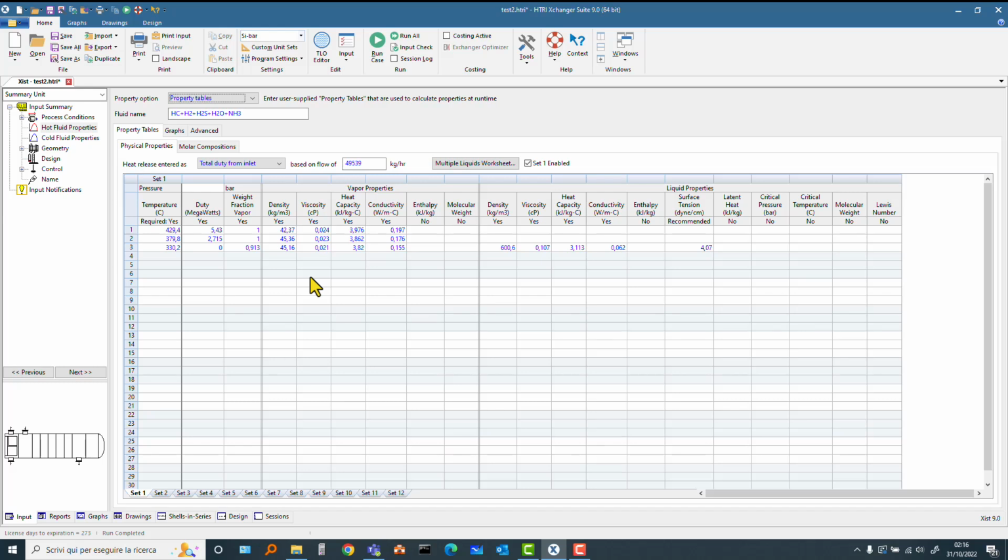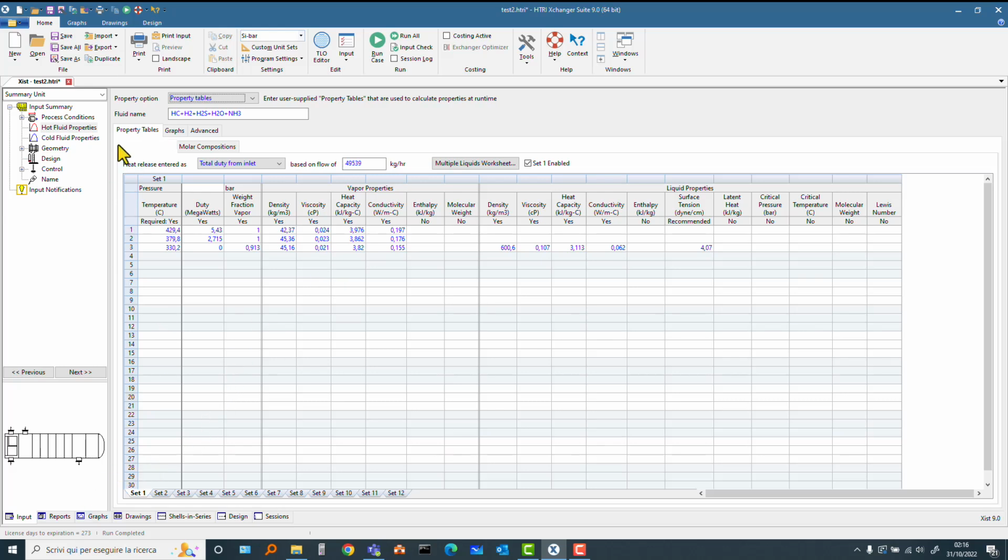So at least we must have a sufficient range of curves in order to be sure that our pressure drop is considered in this range. If we have one single curve, we get a warning, but the computer always tries to make the calculation.